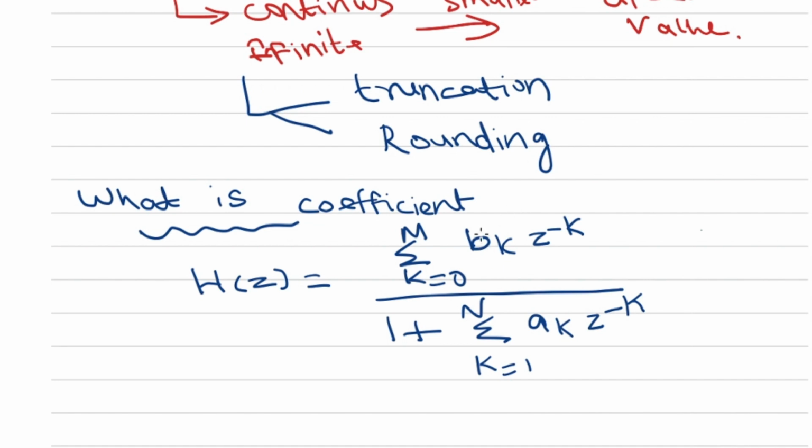Where this b_k and this a_k are the coefficients. So b_k is the coefficient of z power minus k in the numerator, and a_k are the coefficients of z power minus k in the denominator. So b_k and a_k are the coefficients for this IIR system function.